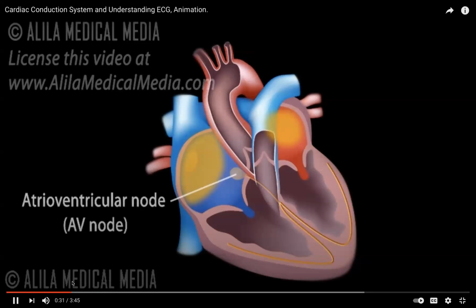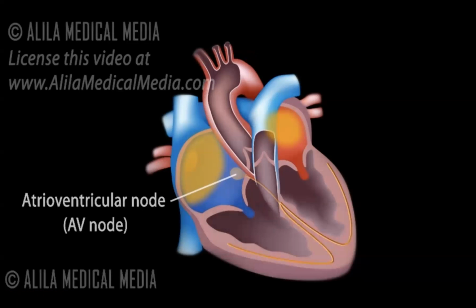Contract. The atrioventricular node, or AV node, is located on the other side of the right atrium near the AV valve. The AV node serves as an electrical gateway to the ventricles. It delays the passage of electrical impulses to the ventricles. This delay is to ensure that the atria have ejected all the blood into the ventricles before the ventricles contract.